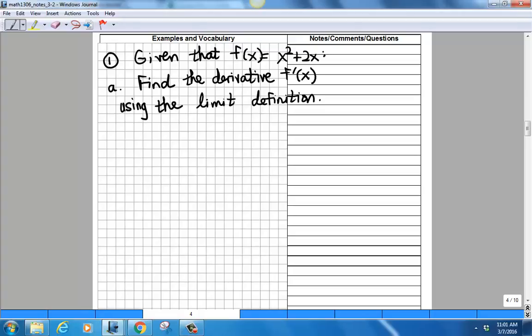So we don't have to go through this process over and over and over again to calculate instantaneous rates of change. We can go through this process once, and find a formula that will output for us always what the correct instantaneous rate of change is for different inputs.